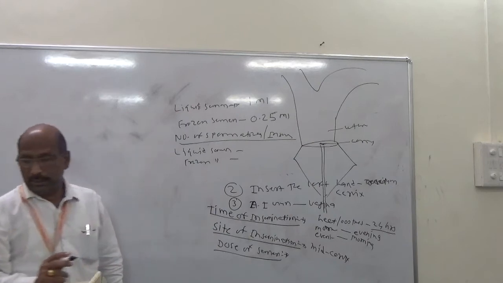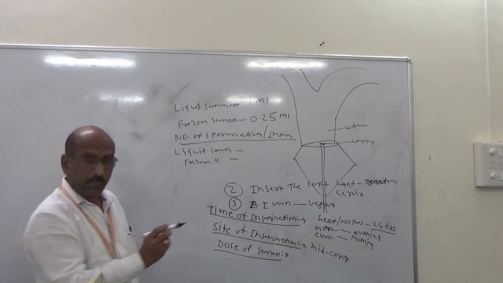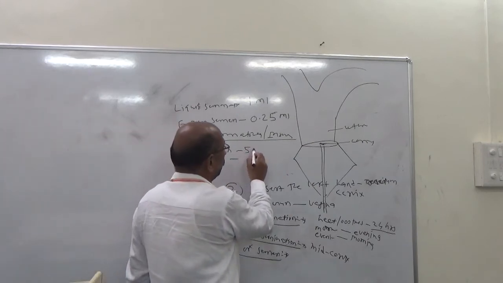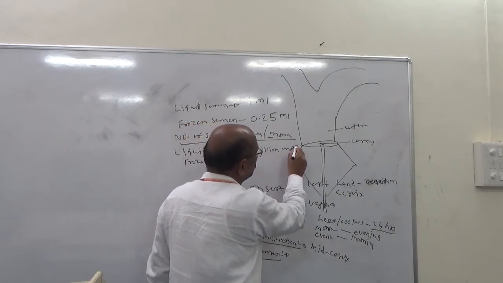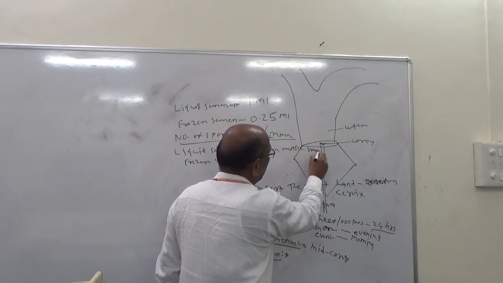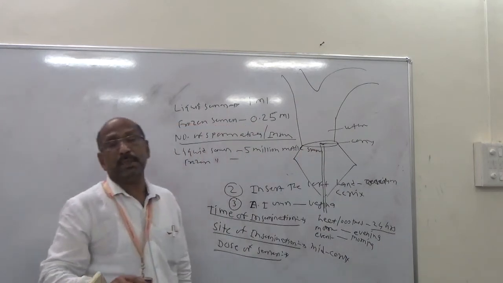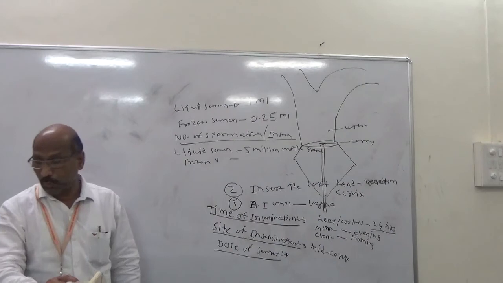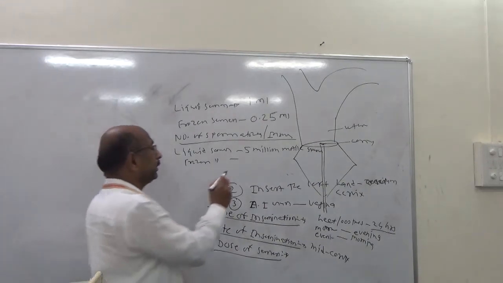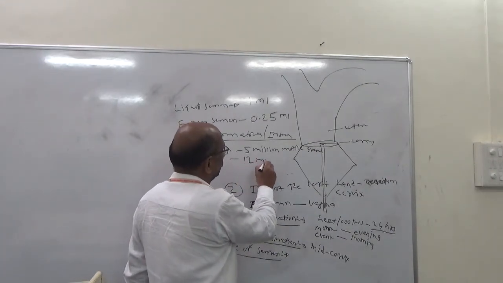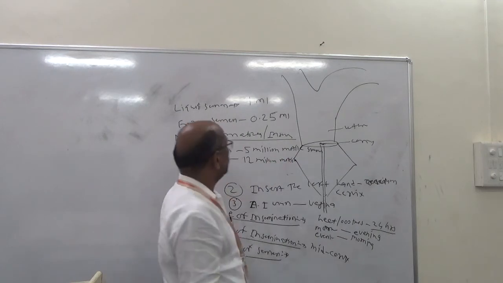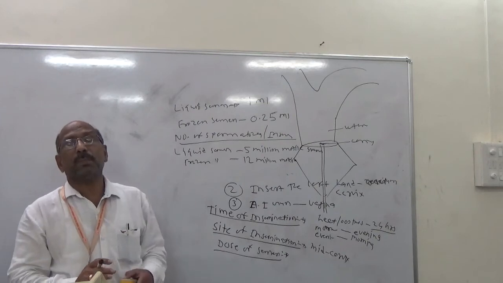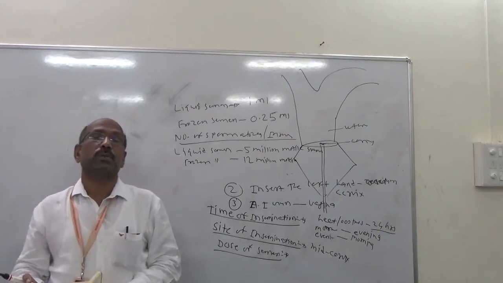For liquid semen, 5 million motile sperm are required per insemination, and for frozen semen, about 12 million motile sperm are required per insemination.